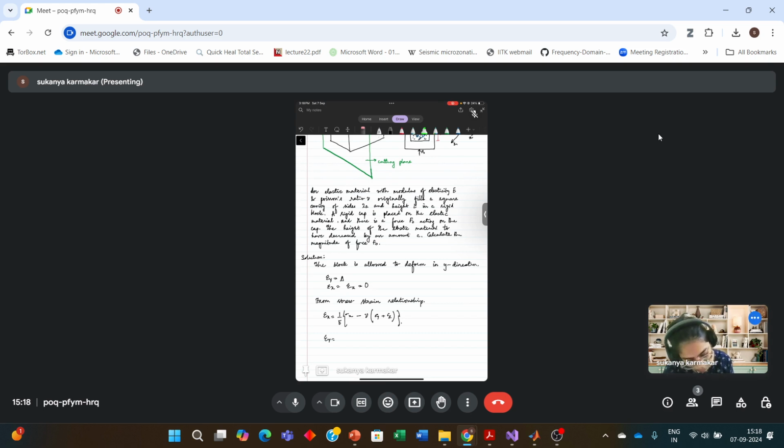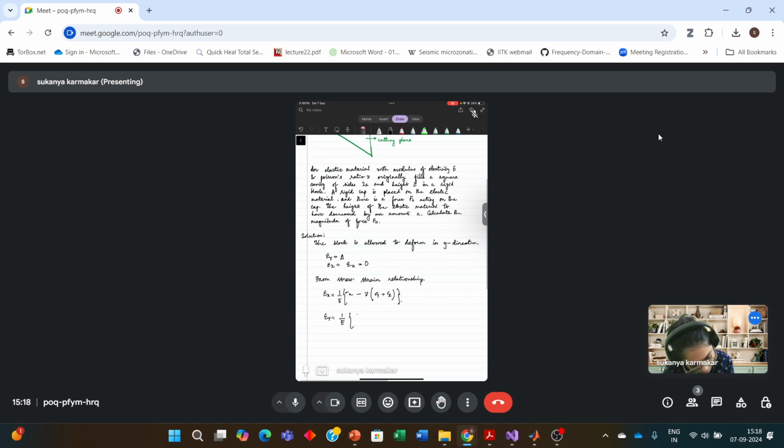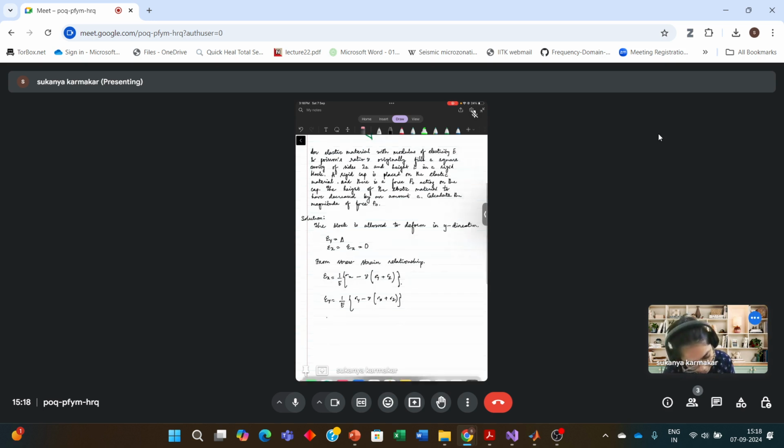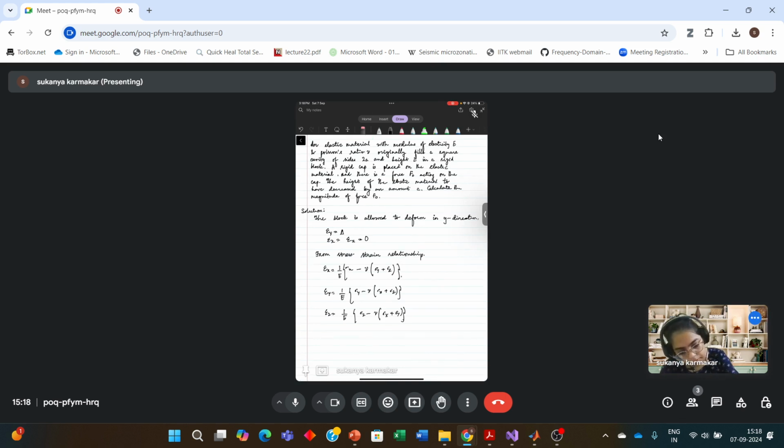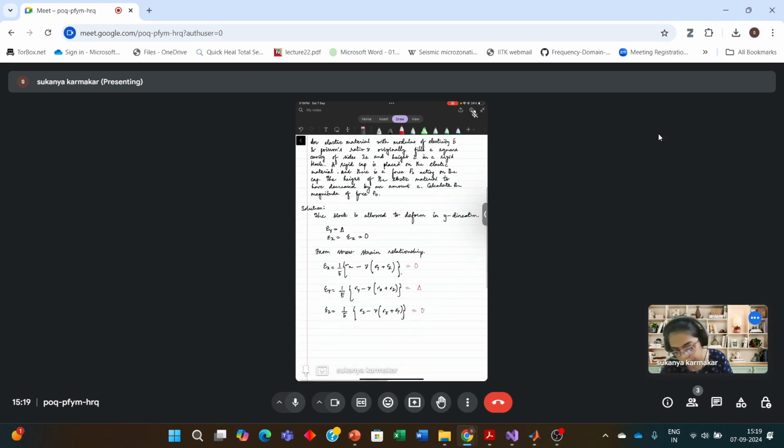Epsilon y is equal to 1 by E sigma y minus nu times sigma x plus sigma z, and epsilon z is equal to 1 by E sigma z minus nu times sigma x plus sigma y. Now this is equal to 0. This, let's say, has a certain quantity delta, and this is again equal to 0.